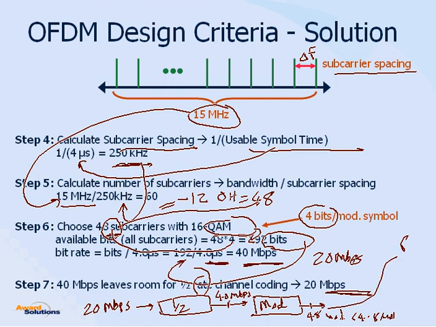So one modulation symbol will go on one subcarrier, another modulation symbol on another subcarrier. A total of 48 subcarriers will be used to send the 48 modulation symbols.